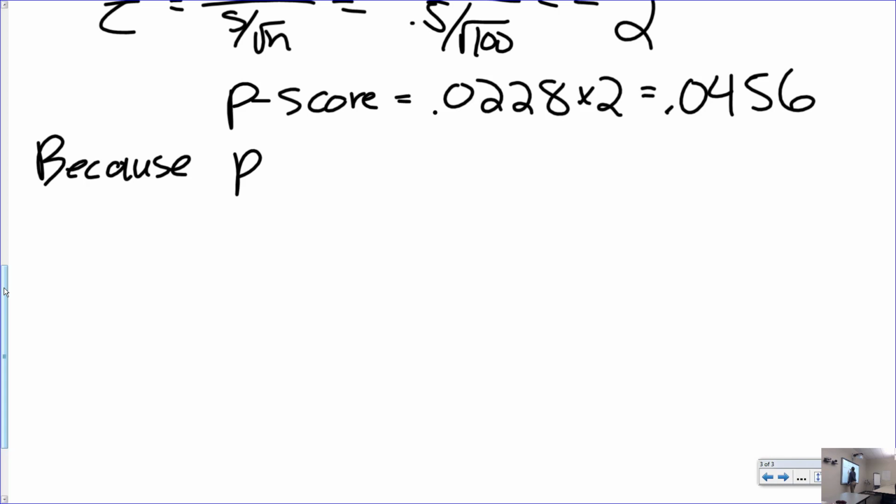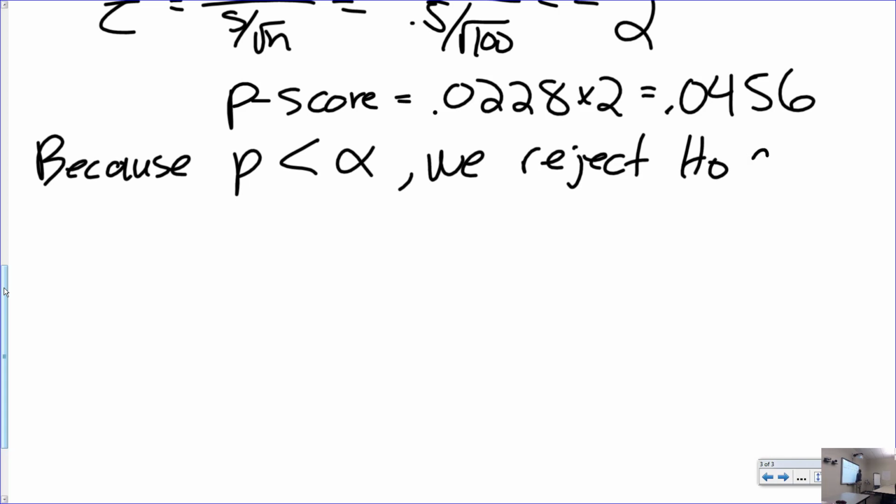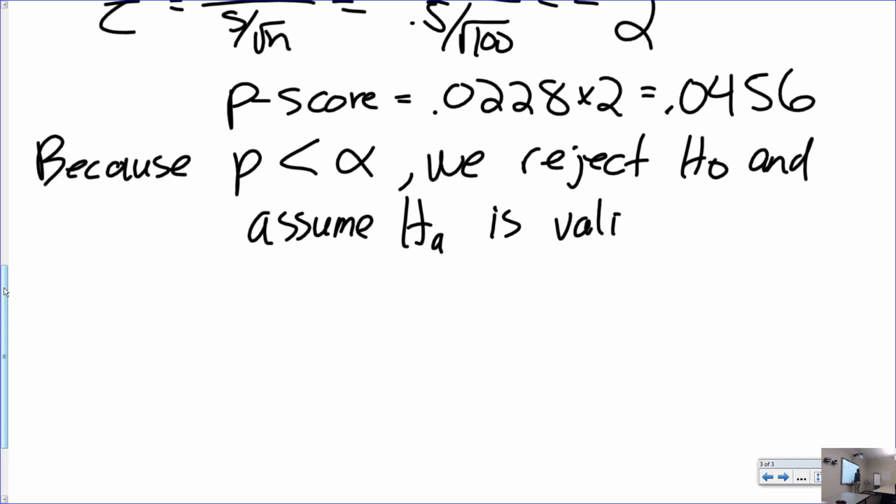Because p is less than alpha, we reject the null hypothesis and assume the alternative hypothesis is valid.